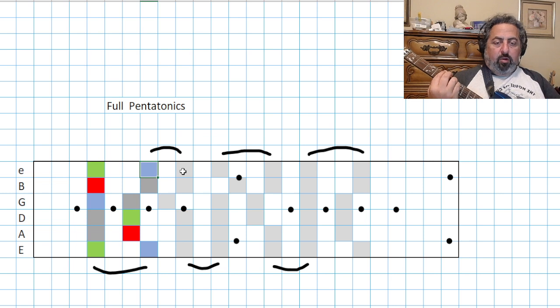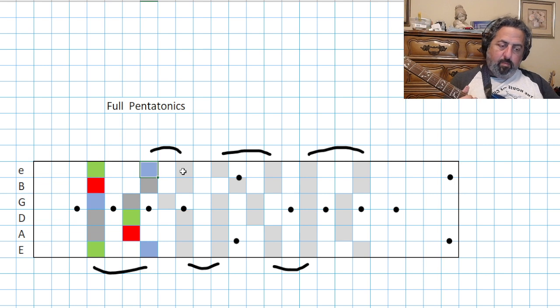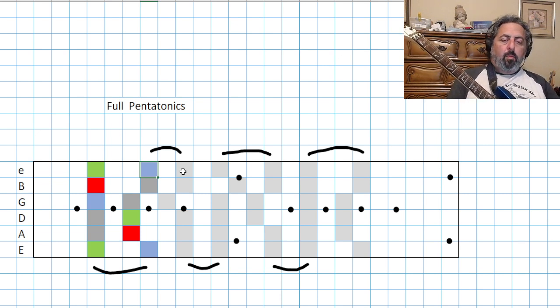So I was down a fret. Our next shape. Our next shape. Back to our original shape.